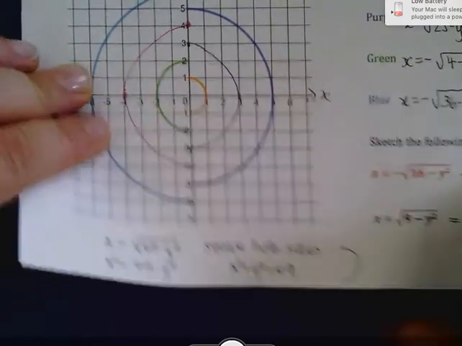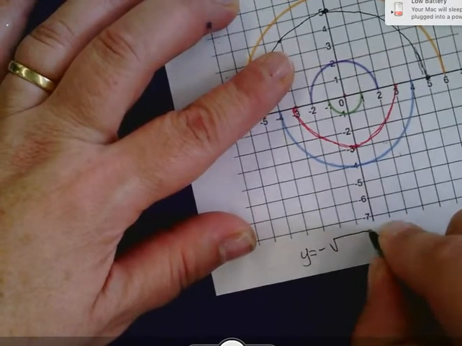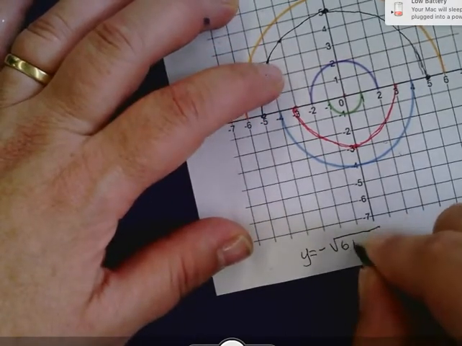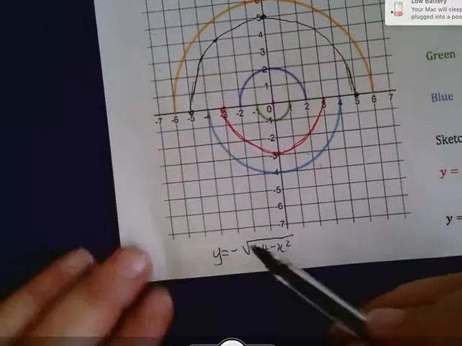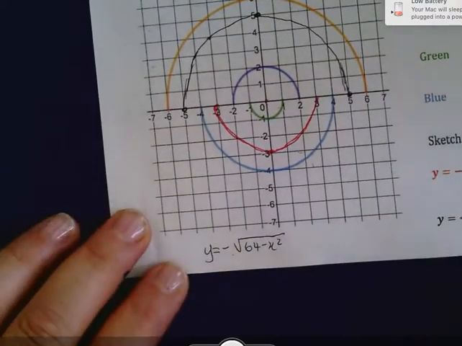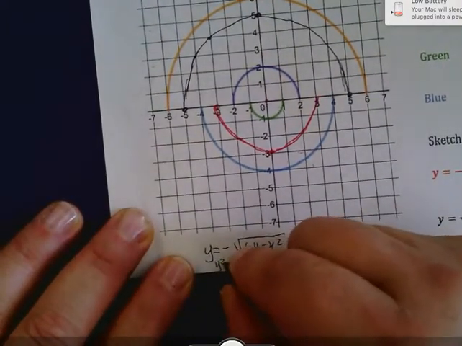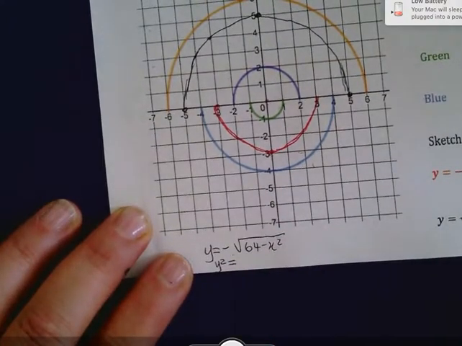So turning over here, for example, if I showed you this, y equals negative square root of, I don't know, 64 minus x squared. You know that it's negative, but when I square it, it's going to be positive. And if you think, where did that come from? You square both sides, you get y squared is 64 minus x squared, because the negative, when you square it, becomes positive, and the square root, when you square it, you lose it.